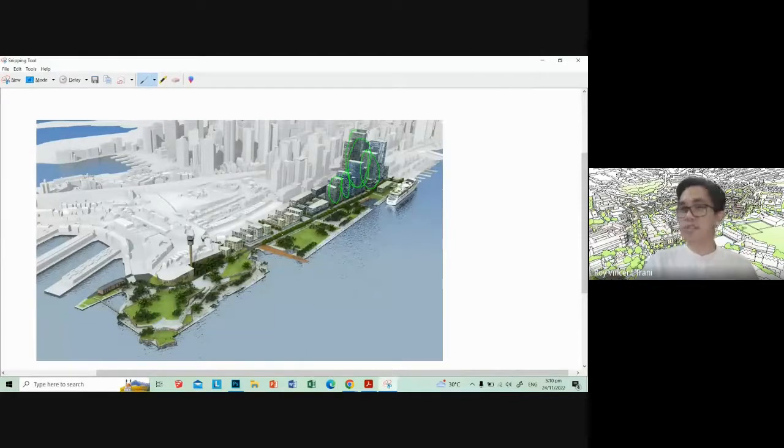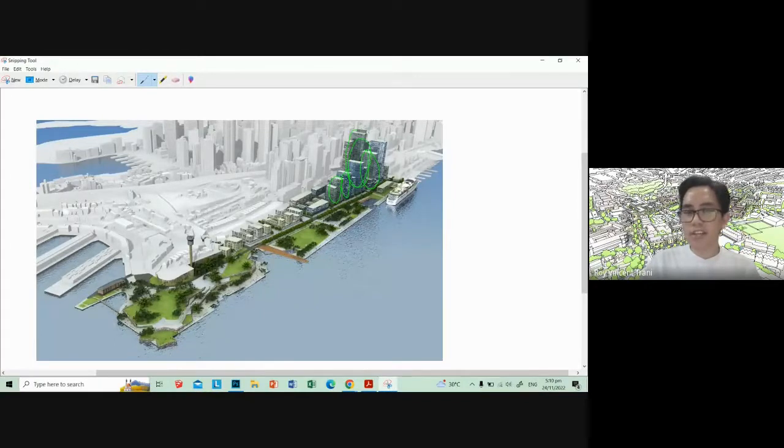But anyway, that's more for urban planning or large scale projects. For our proposal of a 5-story office building, I don't think there will be much outrage or controversy for such a small building. So I just wanted to share this with you because we're talking about urban and regional planning.